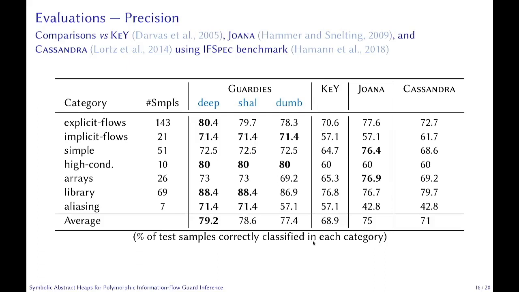Key is one of the best here in the other tools category, but it should be noted that it also sometimes requires user intervention. Okay, so it's a theorem prover based tool, so it sometimes needs annotations, etc. Our tool is completely automated.